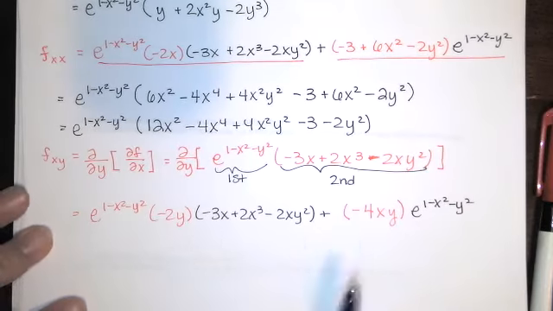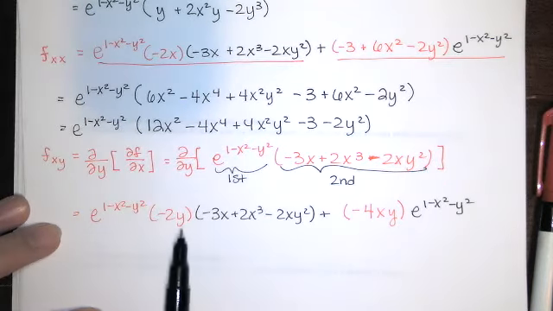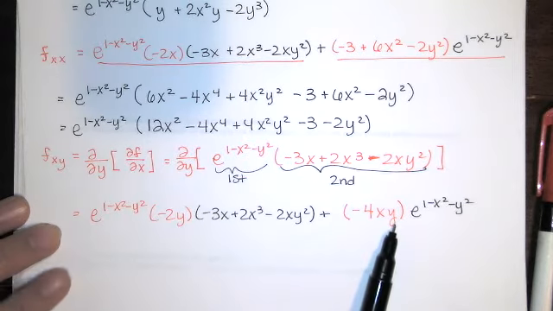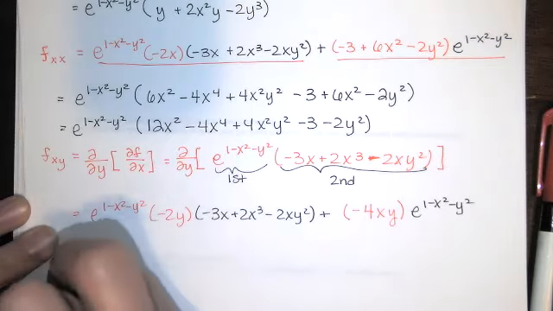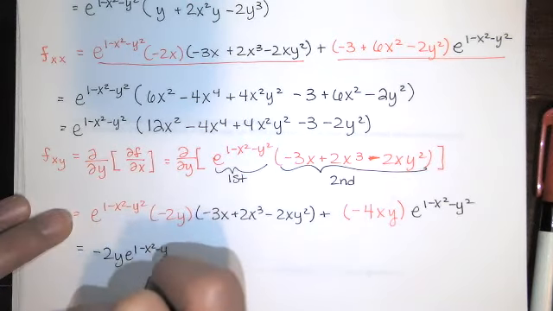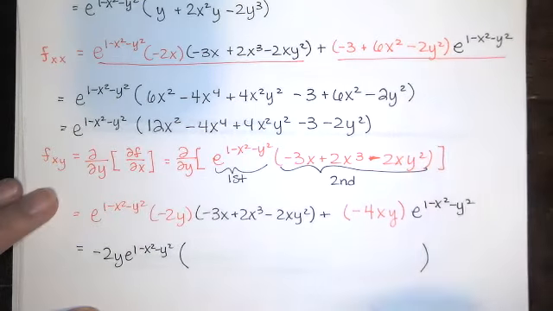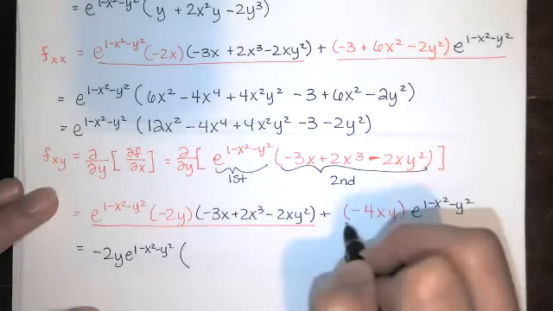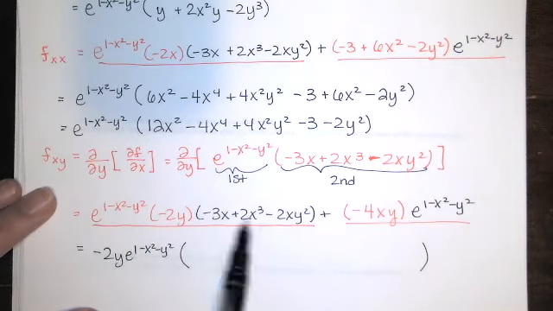Okay, you want to factor this if you can. Yes, we could take out a negative 2y here and here. And we can also take out the exponential. Remember how this works. Think of this as a term and this as a term. Ask yourself, this times what gives me the first term?